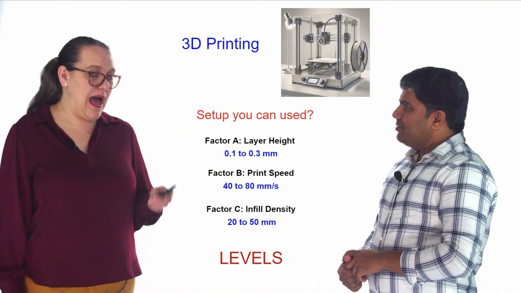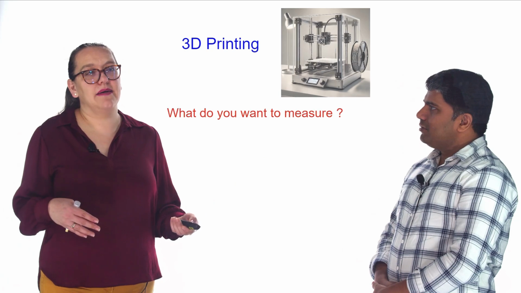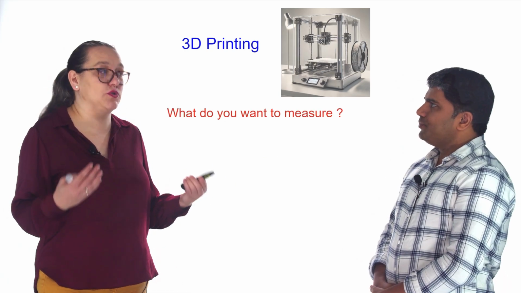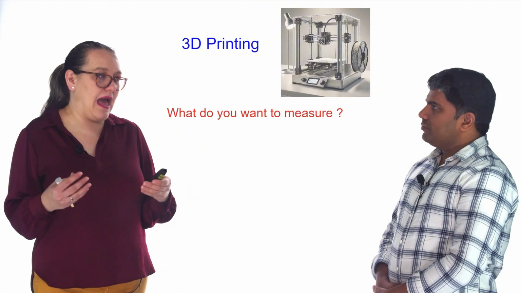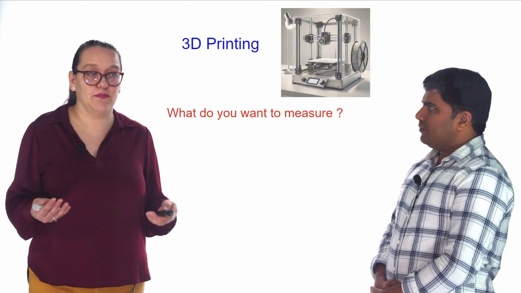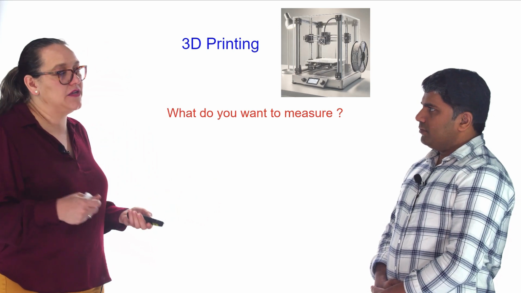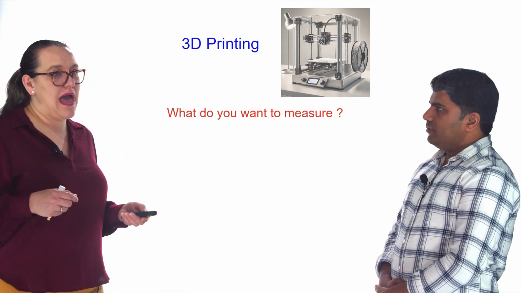Okay, so before we go to the combinations, let me talk a little about what we want to measure. You told me he's interested in a high quality surface, like the product, but we need something to measure that, because high quality is difficult to define. So we need a quantity.